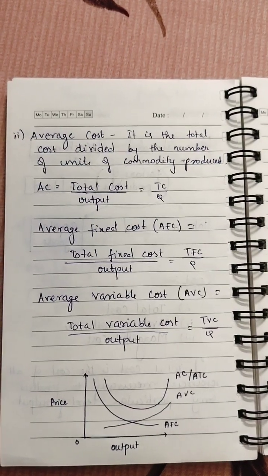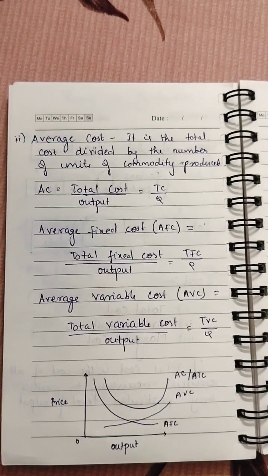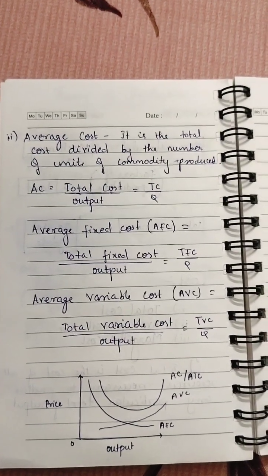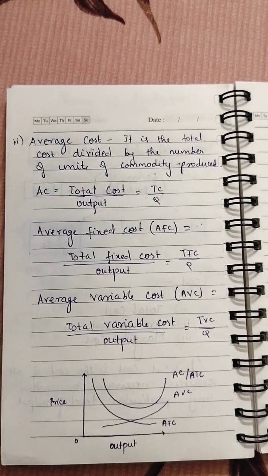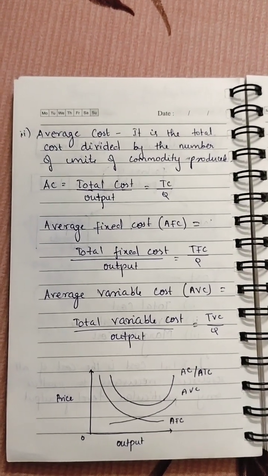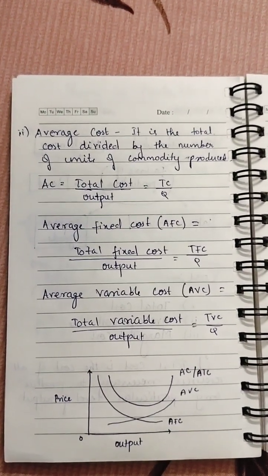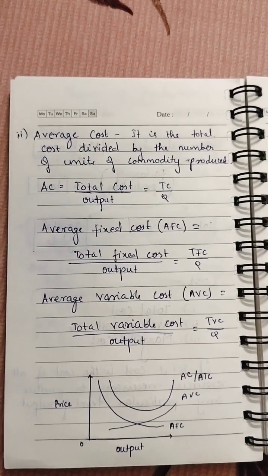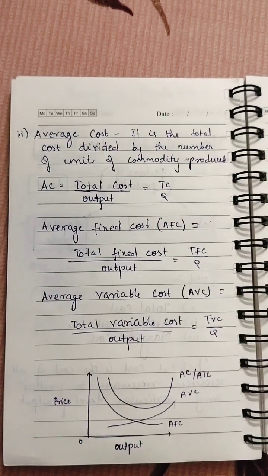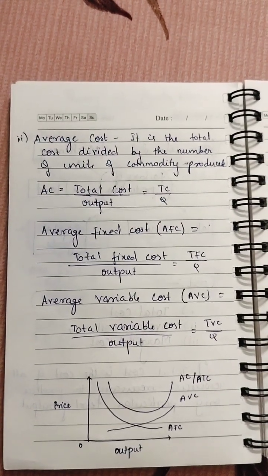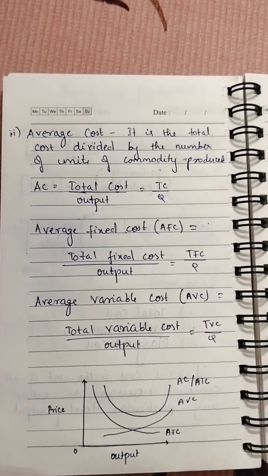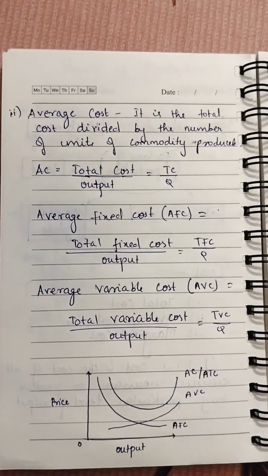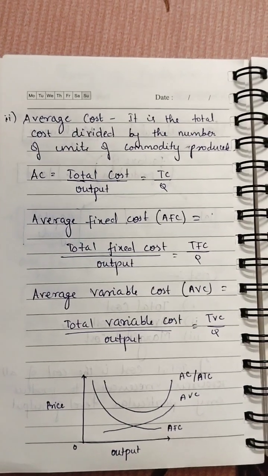Average fixed cost. Fixed cost is nothing but a cost we cannot change; that is called fixed cost when the price is fixed. So AFC is equal to TFC by Q, and average variable cost, AVC, is equal to TVC by Q. Here in the graph, the x-axis represents output and the y-axis represents price.